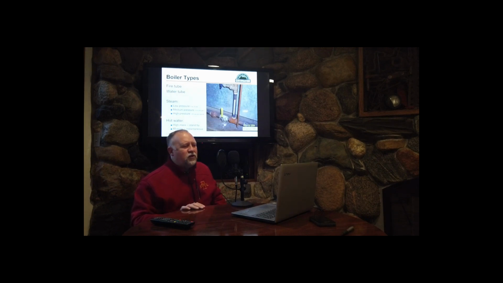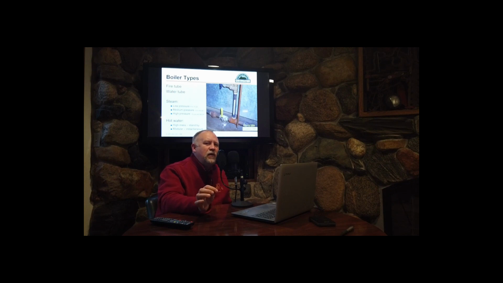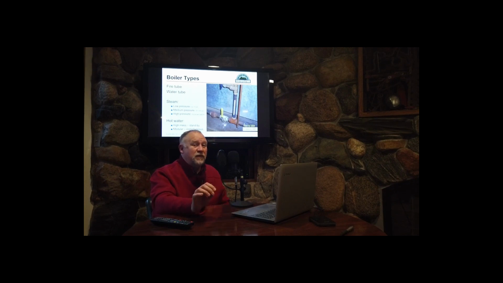A medium pressure boiler is going to be 15 to 45, and anything above 50 is a high pressure boiler. The steam system in New York City operates at about 100 psi. The steam system on this campus on Iowa State University also operates at about 100 psi. They are both high pressure systems and therefore high potential energy and therefore high danger.